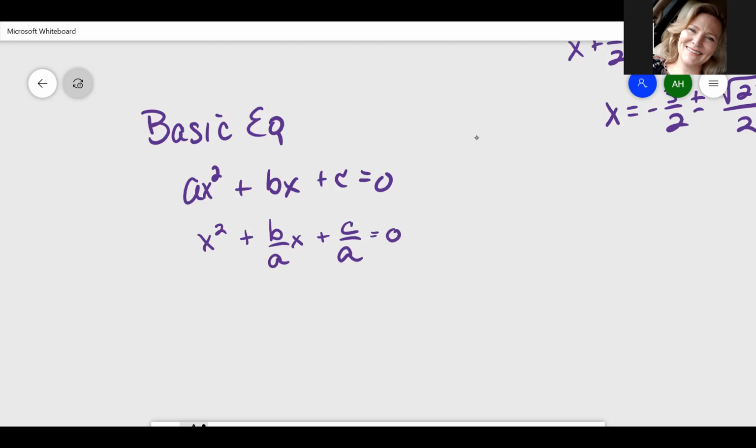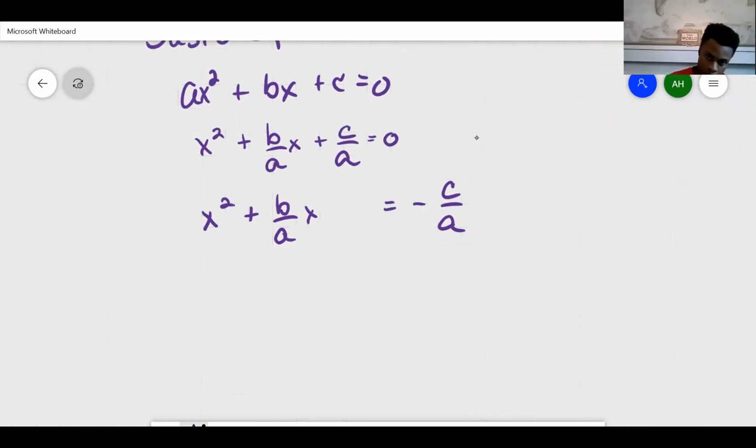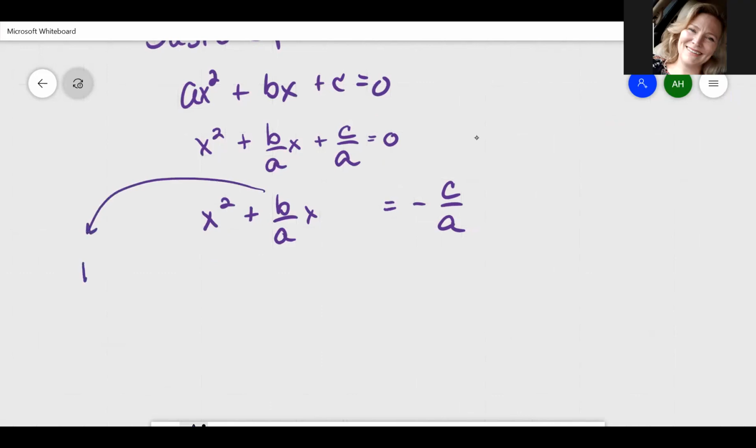I need to solve this, so I'm going to complete the square. I've got x squared plus b over a x equals negative c over a. With this b over a, I'm going to multiply it by 1/2, and then I'm going to square it.